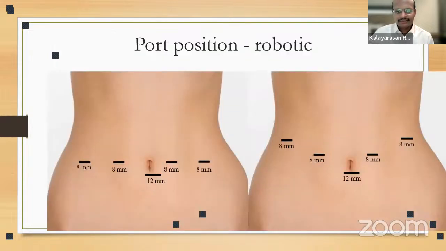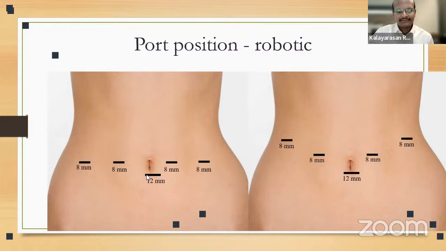Now, if you see the technical aspect regarding the port position for robotic, if we are not going to use the robotic harmonic, and we are going to use a vessel sealer, then all the robotic ports are placed at the level of the umbilicus, either above or below, depending upon the distance from the xiphoid.